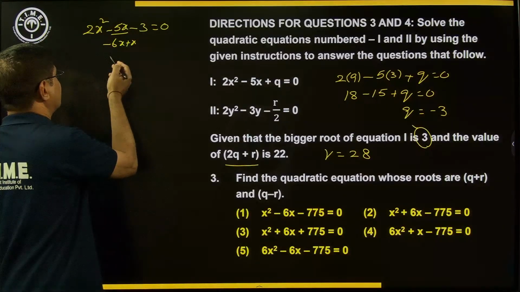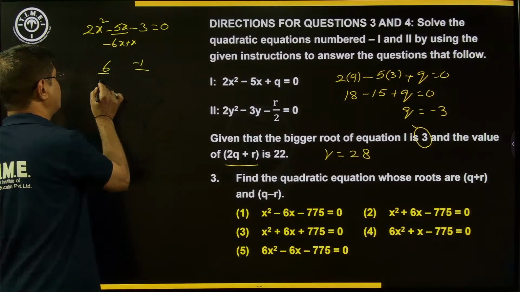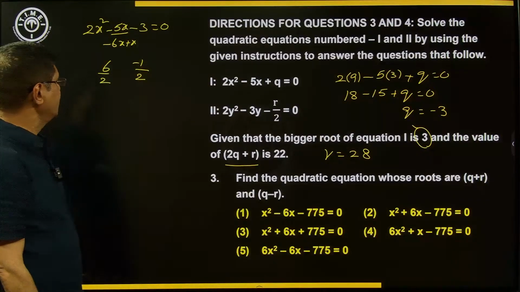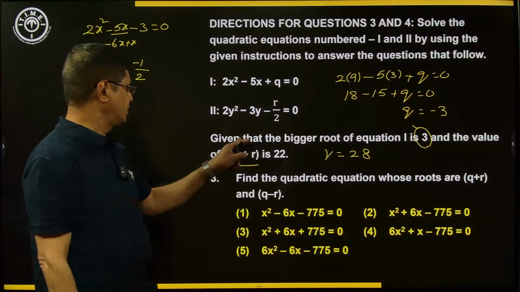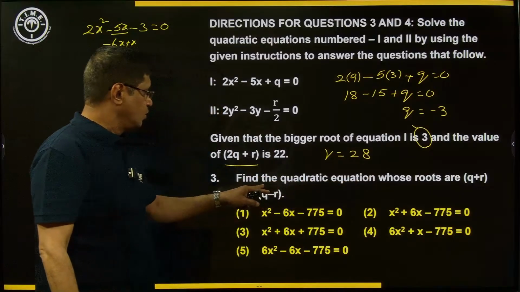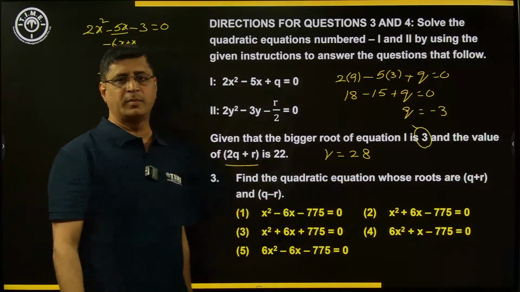Simplify. So what are the roots? Take the same numbers with opposite sign and divide by the coefficient of x square. Now what to find here? We need to find q plus r and q minus r. By using these, we need to frame a quadratic equation.